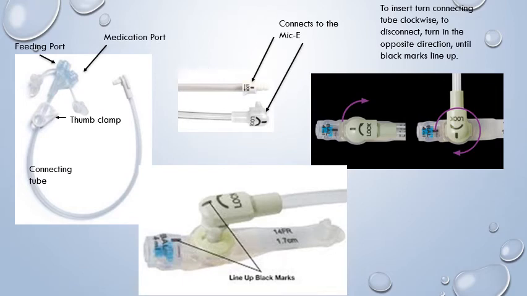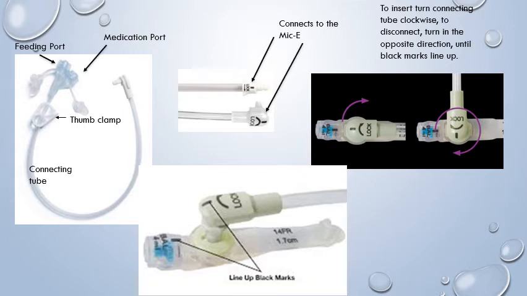To connect the connecting tube to the Mickey, line up the black marks on the tube and the Mickey and push the connecting tube into the Mickey. The black mark on the Mickey represents 12 o'clock on the clock face. Turn the black line on the connecting tube clockwise to the 10 o'clock position.